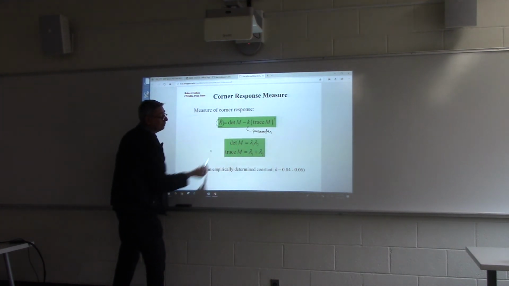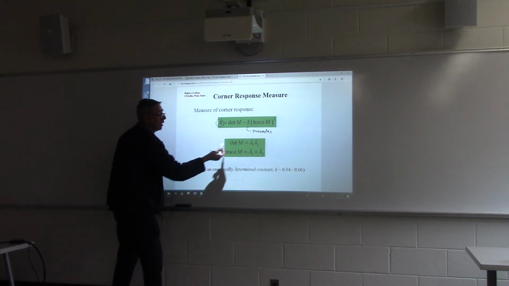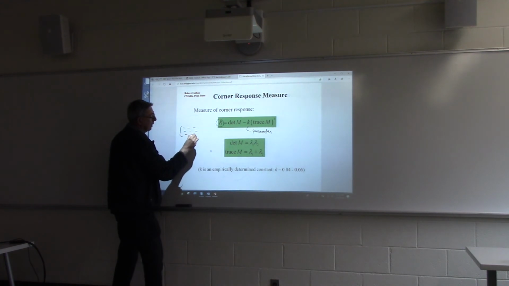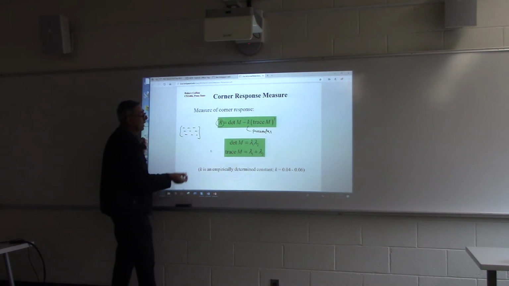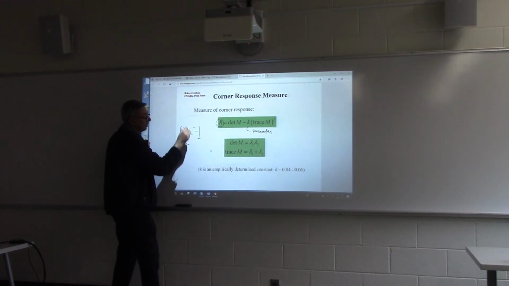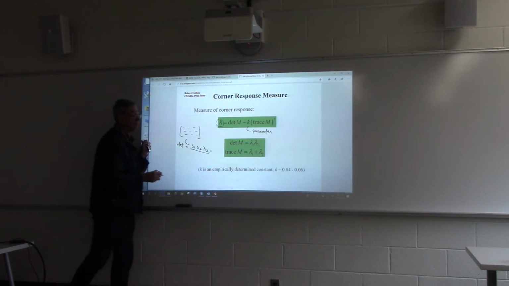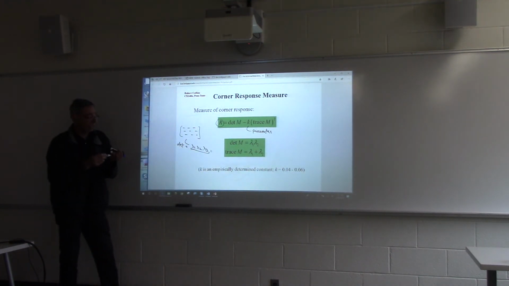Trace of M is the sum of the diagonal values. Let's say you were given a 3 by 3 matrix. How many eigenvalues will it give you? 3: lambda 1, lambda 2, lambda 3. The determinant of a matrix is always the product of the eigenvalues, and you can verify it yourself.